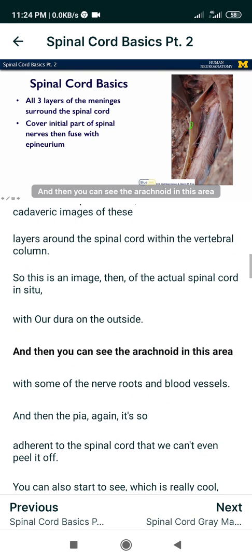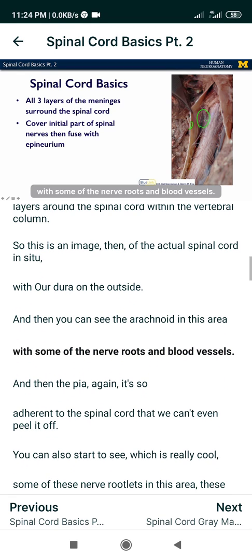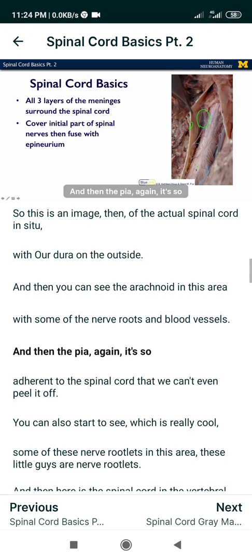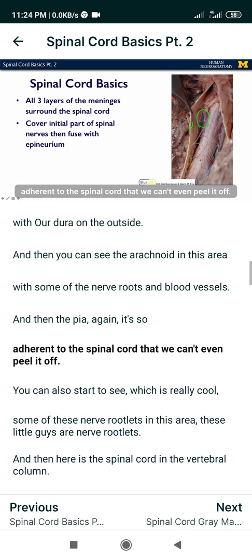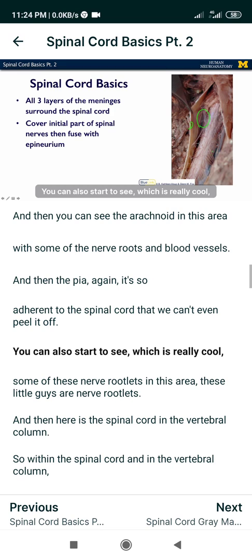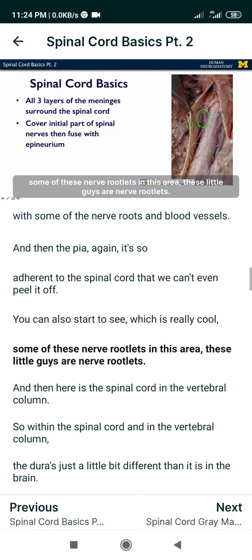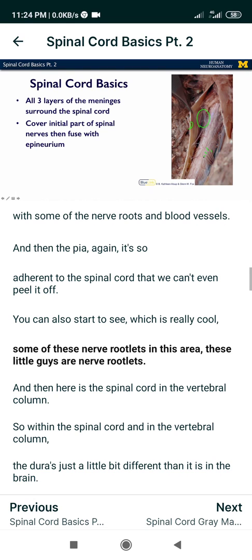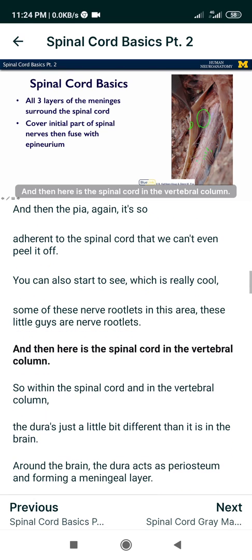And then you can see the arachnoid in this area with some of the nerve roots and blood vessels. And then the pia, again, is so adherent to the spinal cord that we can't even peel it off. You can also start to see, which is really cool, some of these nerve rootlets in this area. These little guys are nerve rootlets. And then here is the spinal cord in the vertebral column.